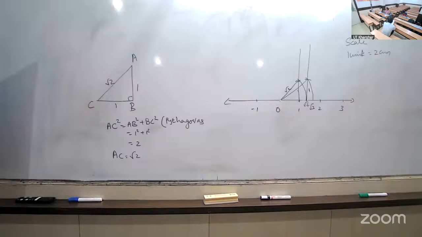Not proper, because root 3 is coming bigger, okay. It should not be drawn like this. The method is correct, but the accuracy is not. Bring the protractor. Come here.